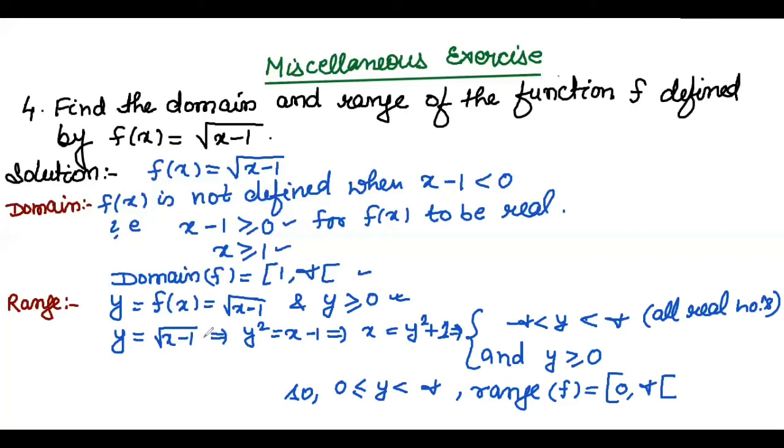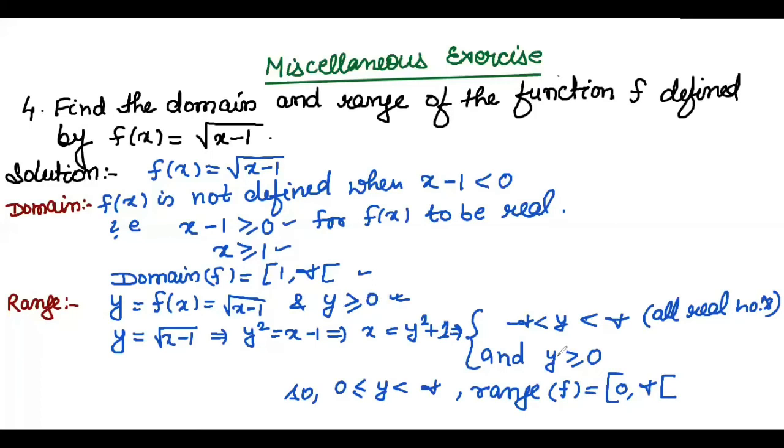So here I am converting: y square is equal to x minus 1. So x will be y square plus 1. So according to this, x equals y square plus 1, here all values we can take, means all real numbers. y greater than minus infinity and less than infinity, all real numbers. And here one more condition we have seen, that is y greater than or equal to 0.